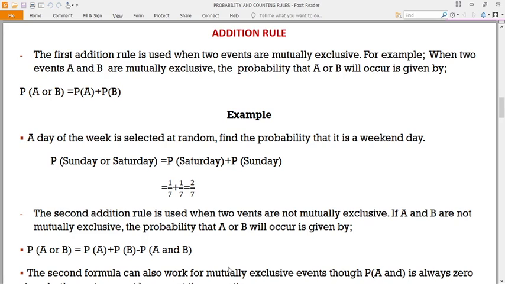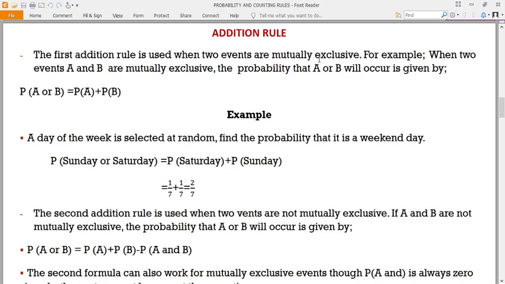So now we are going to look at the different rules that guide probability. The first one is the addition rule, and we are going to look at a scenario where events are mutually exclusive. Mutually exclusive events are those events that cannot occur or happen at the same time.